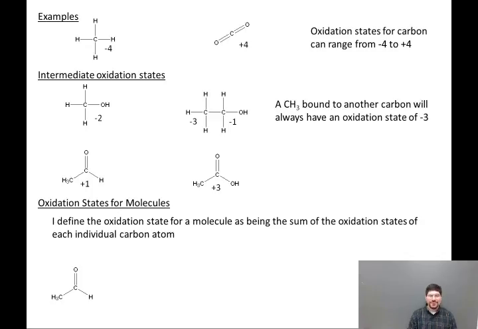We know that a CH3 is always going to be -3. So the overall oxidation state of this molecule is 1 minus 3, which is -2. What about ethanol? We have 1 carbon with a -1, the second carbon with a -3. We add these together and we get a total oxidation state of -4.